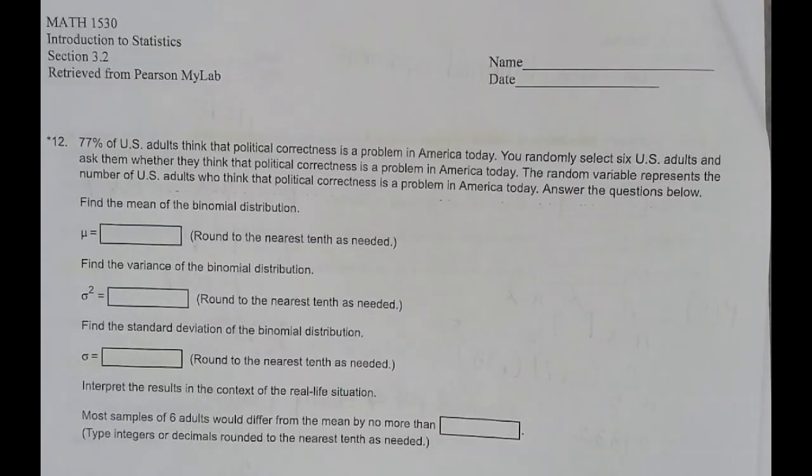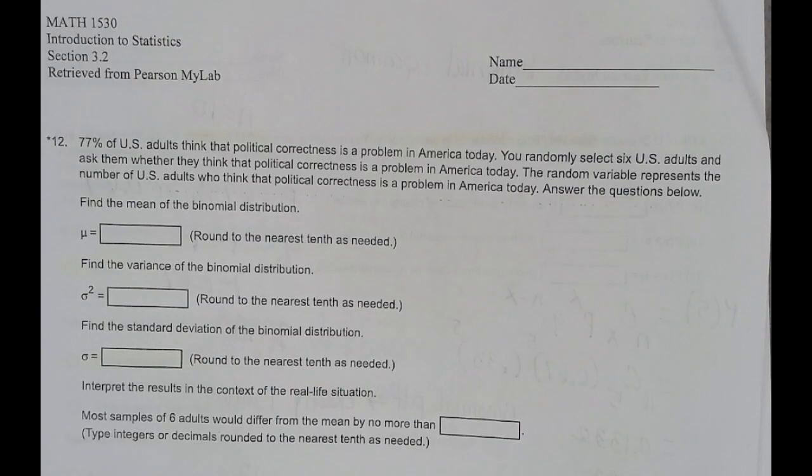You randomly select 6 U.S. adults and ask them whether they think political correctness is a problem in America today. The random variable represents the number of U.S. adults who think the political correctness is a problem today. Answer the questions below. Find the mean of the binomial distribution. Then find the variance and then find the standard deviation.